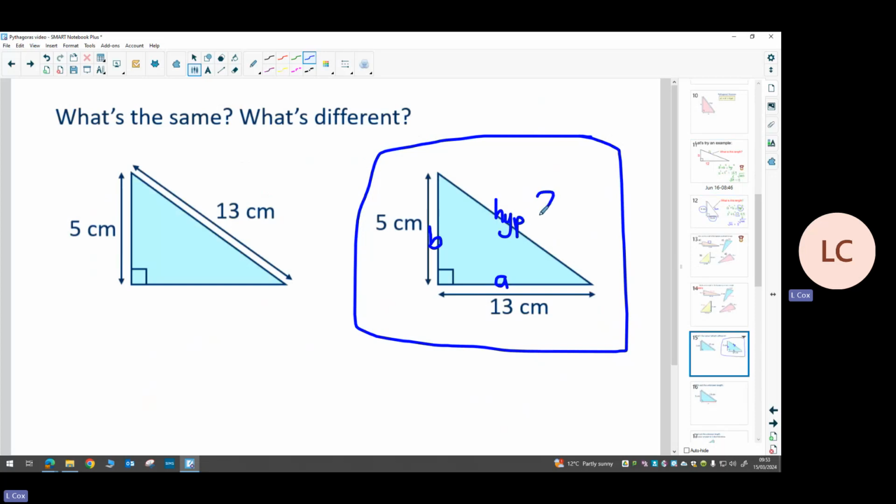The hypotenuse is the one that's missing. Look at this question here. I've got an A, but that's missing a B, and I know the hypotenuse. So I'm going to have to use what we call a takeaway version. I'm going to show you what that means on the next slide.